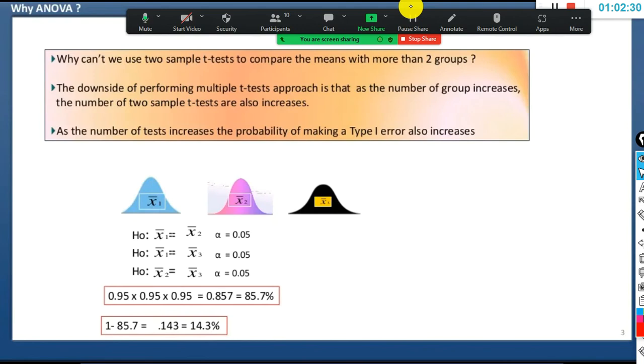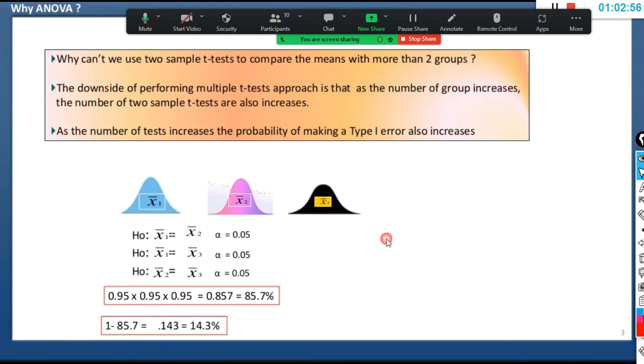The risk level goes high, the confidence level goes down. That is the reason why we cannot use two independent sample t-test. It is also time consuming, like Mukilan mentioned. You need to conduct 3 different tests, but in the case of Anova, only 1 test is enough.